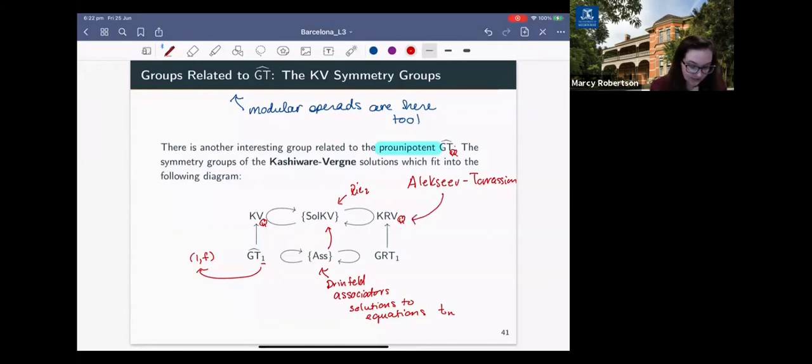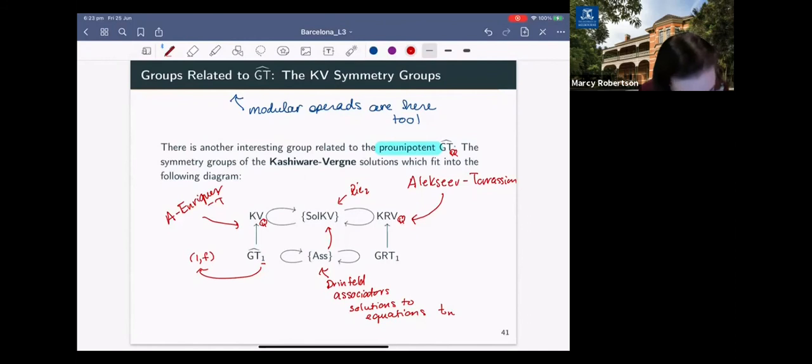And they extended it over to define a group and a group map from the graded Grothendieck-Teichmüller group to this Kashiwara-Vergne group, I don't really know what to call it, that acts freely and transitively on solutions. And then in a later paper, Alekseev and then now Enriquez and Torossian gave a similar thing for the non-graded side. So I have this nice big diagram of torsors here.